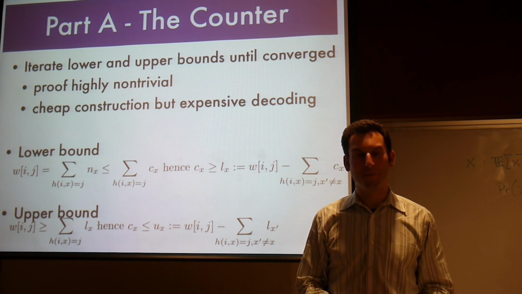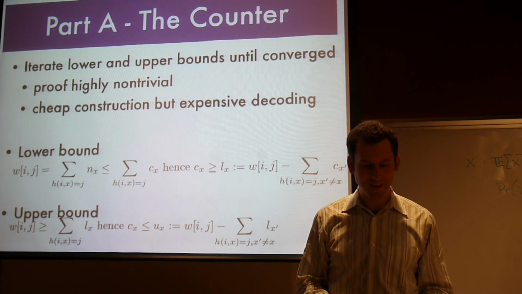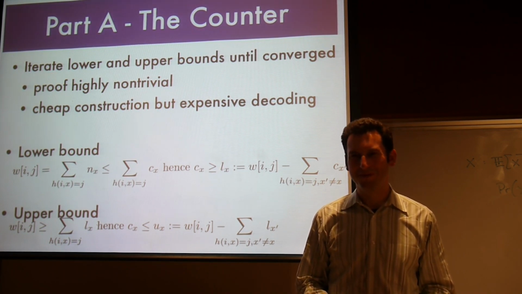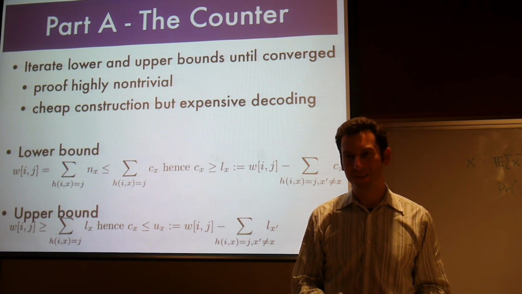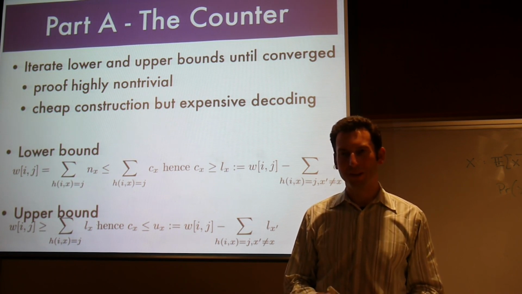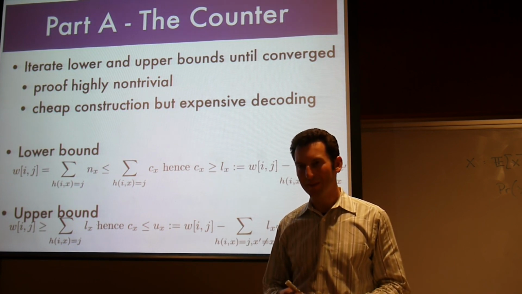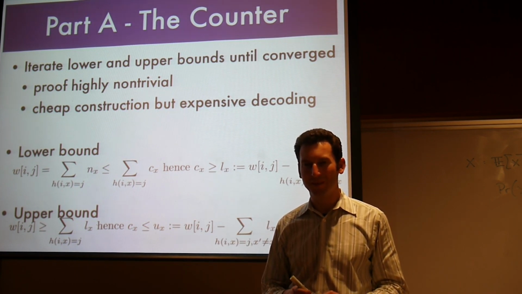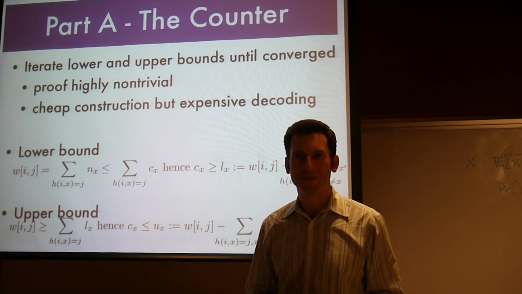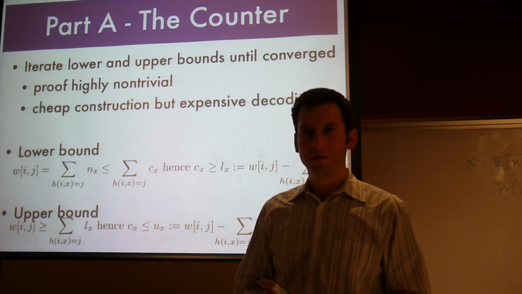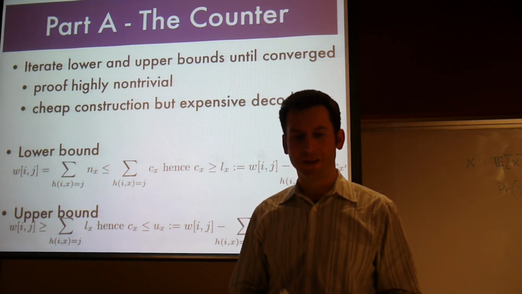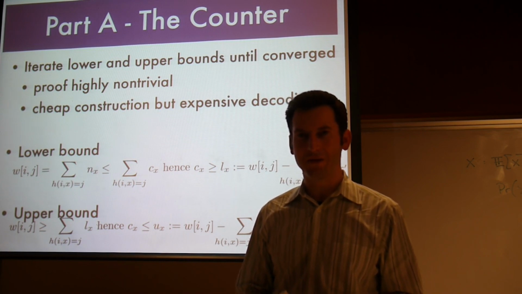And it's not an obvious proof. It looks really similar to EM. Yes, it's sort of similar to EM, or also sort of similar to message passing in graphical models. Yes. So how do you get the initial lower bound? Well, initially you know that all your counts are non-negative.